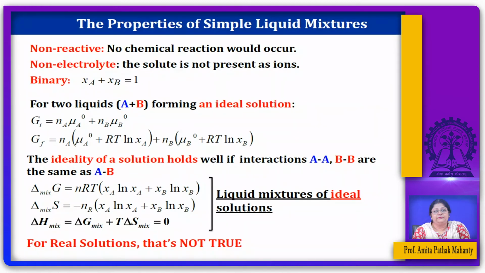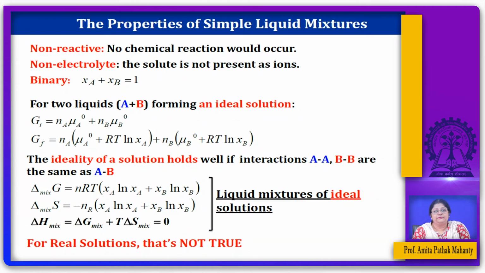If there is an interaction, some amount of energy, enthalpy or entropy, whichever you are looking into, will have some value, and the difference between this and the ideal value is known as the excess, which is usually not discussed in the second year course.